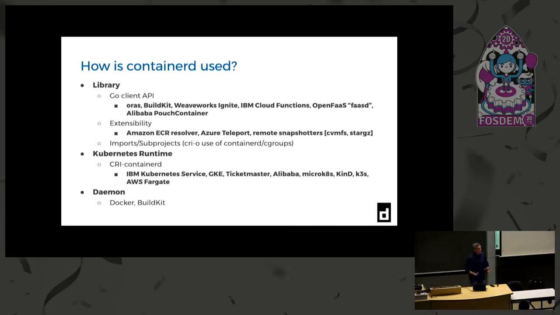There's also extensibility. So plug points to make a custom resolver that talks to your registry, maybe over an enhanced protocol that's not like the default Docker registry protocol. So Amazon has built a resolver for ECR with that. Maybe you saw a blog post from the Azure team about Teleport.